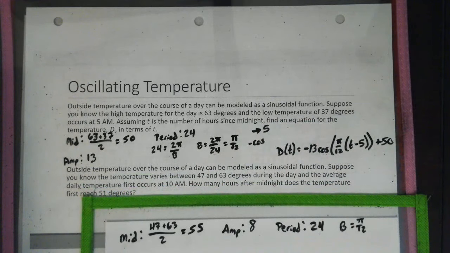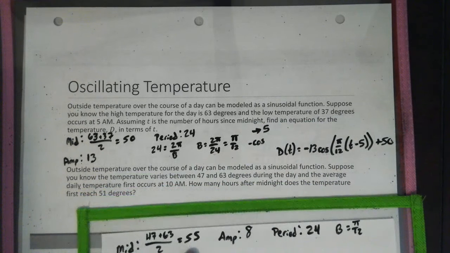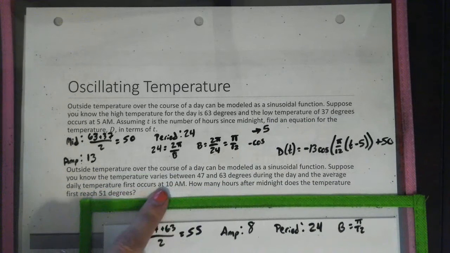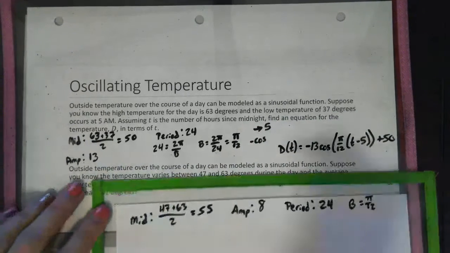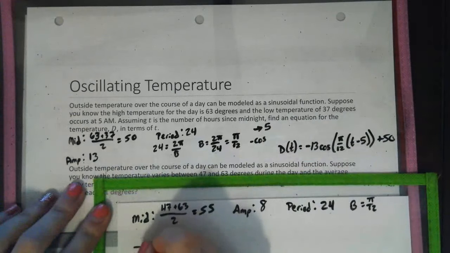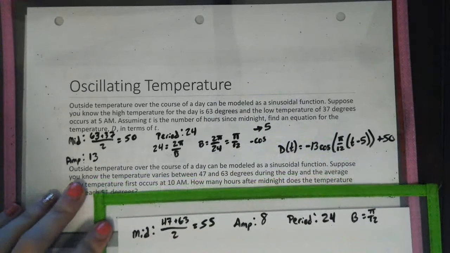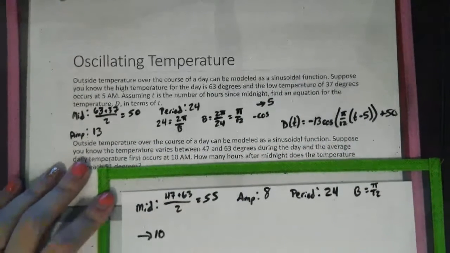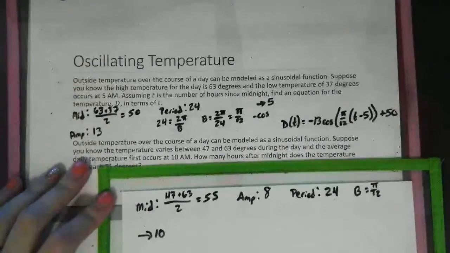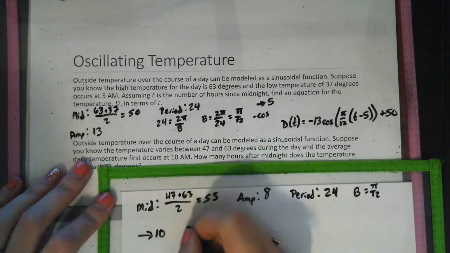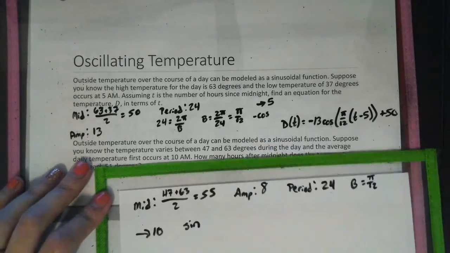This time, we know that the average temperature, which was 55, first occurs at 10 a.m. So if we shift our quote-unquote starting point to the right by 10, then we are at our midline. I'm going to assume, because it's 10 a.m., that it's warming up. That might be a bit of a stretch to assume, but usually it warms up in the morning, at least in the late morning. So if we're at our midline increasing, then this is a regular sine function.